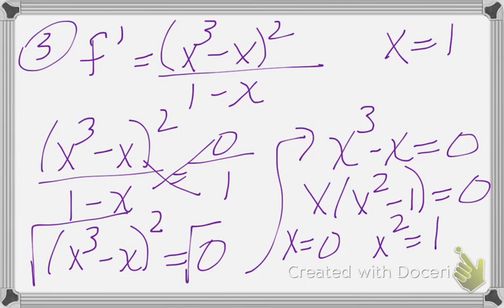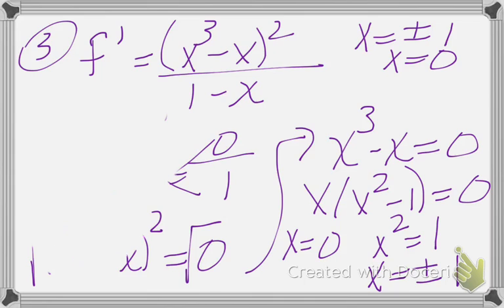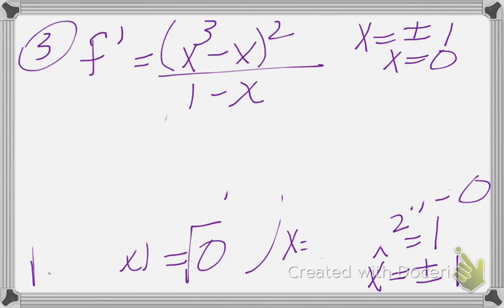So you take the square root of both sides, and you get x equals plus or minus the square root of 1, but that's equal to 1. We already had x equals 1 up here on our list of things to watch out for. So it's actually plus or minus 1, and x equals 0. Okay, let's get rid of this mess, make some room, and we'll make our wiggle graph.